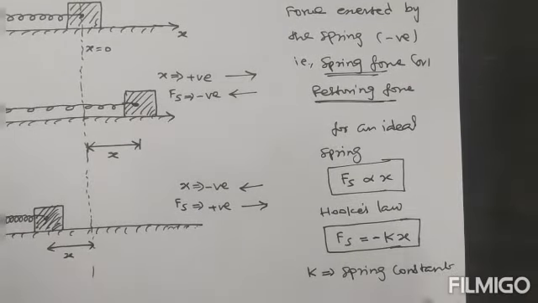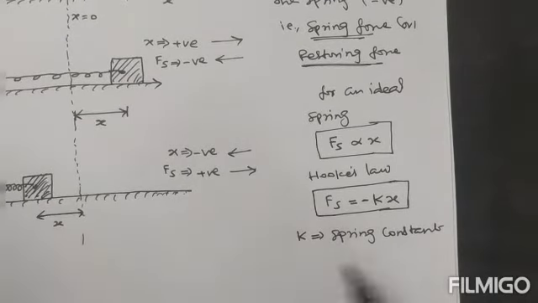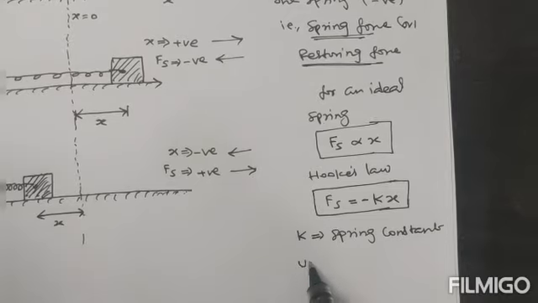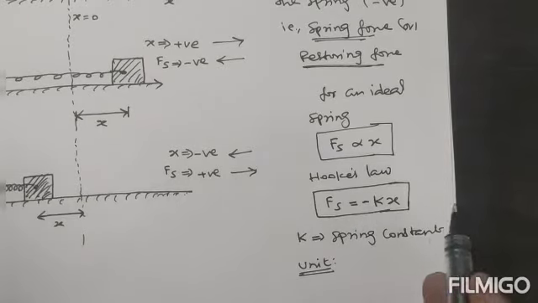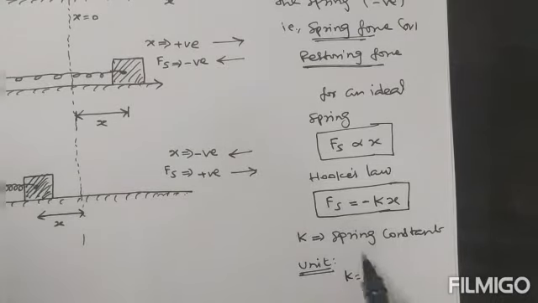Now let's work out the SI unit of the spring constant. For unit purposes I can write F equals kx, therefore k equals force divided by displacement. For unit purposes I didn't take the minus sign.